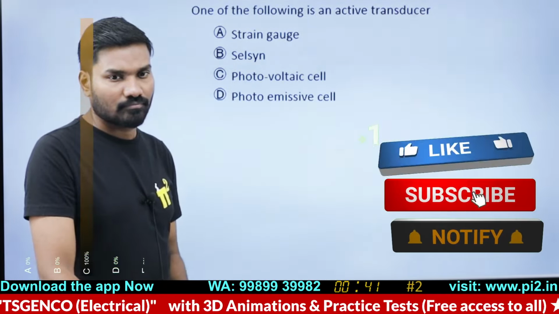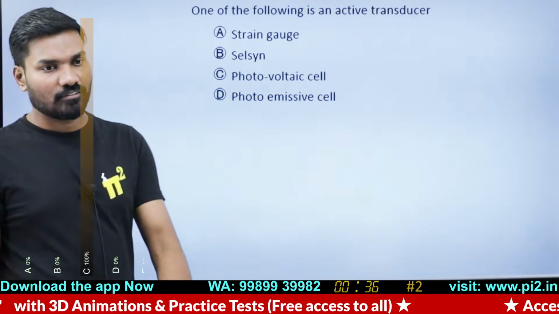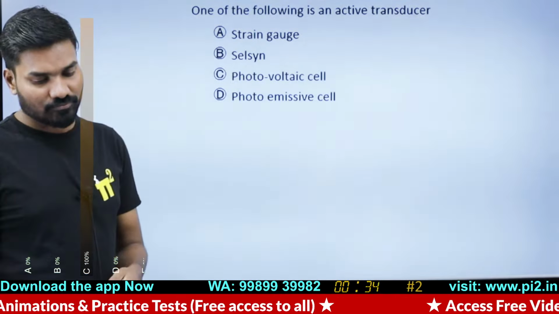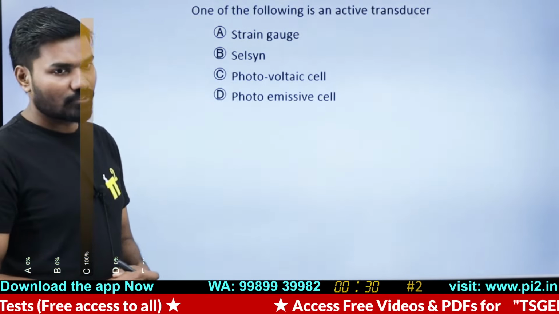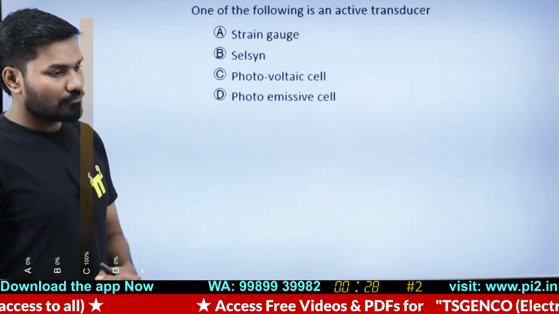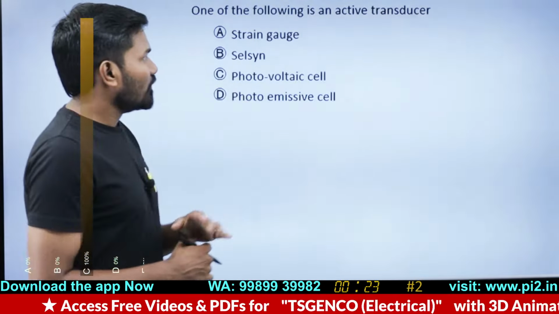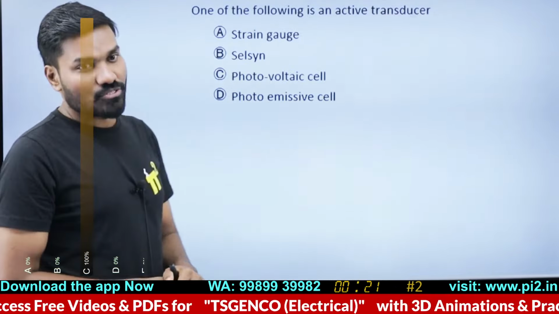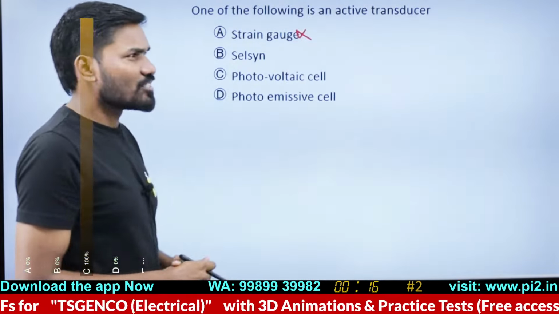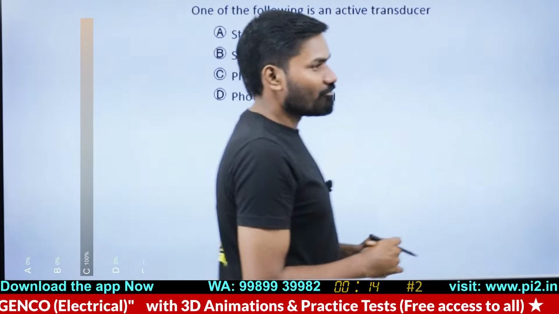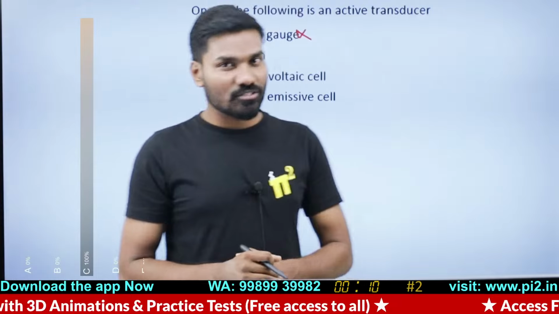We already got the answers. I think this is also an easy one. It's about the active transducer. Definitely strain gauge is not active, I just said. I think you know Synchro, right? This is a self-synchronous machine used in control systems.